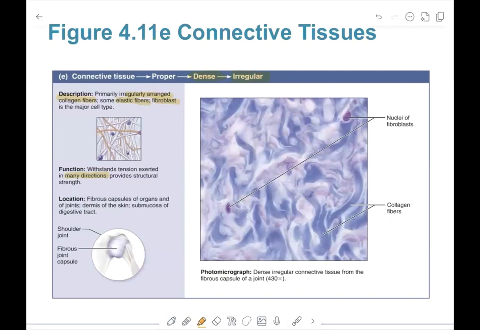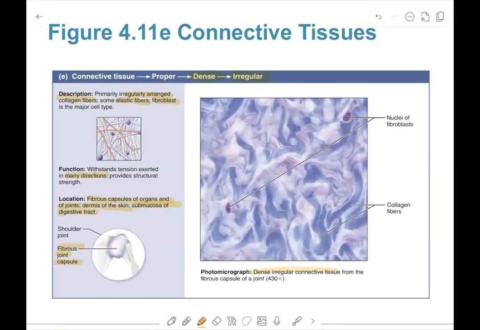So the locations are fibrous capsules of organs and joints. Another location is the deeper part of the dermis, which you'll learn about in chapter 5, and the submucosa of the digestive tract. So within the shoulder joint, the fibrous joint capsule itself is going to have this dense, irregular connective tissue.